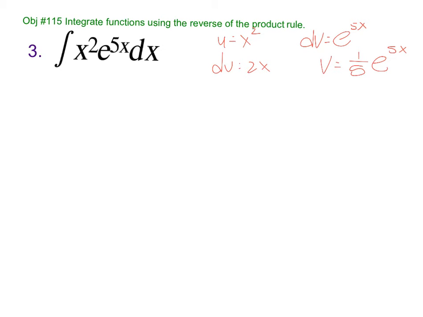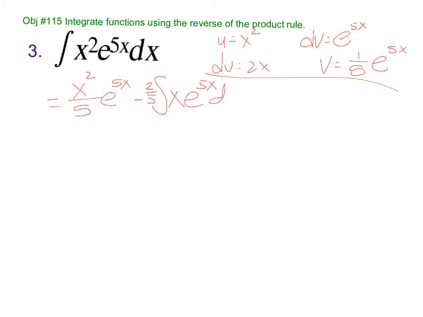This gets complicated with the constants. It's really easy to make a silly mistake due to those constants. All right, so when I multiply these together, I'm going to make that a 2/5 on the outside, 2/5 x e to the 5x dx.